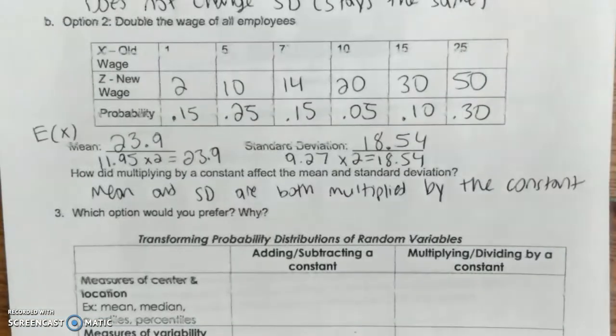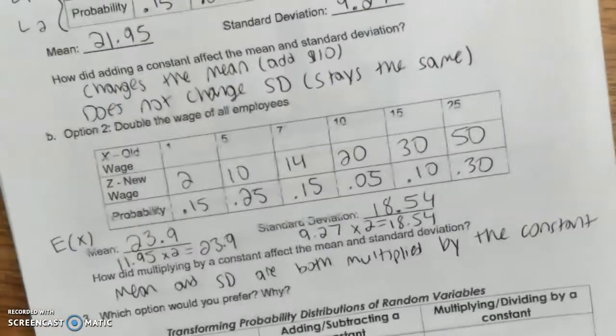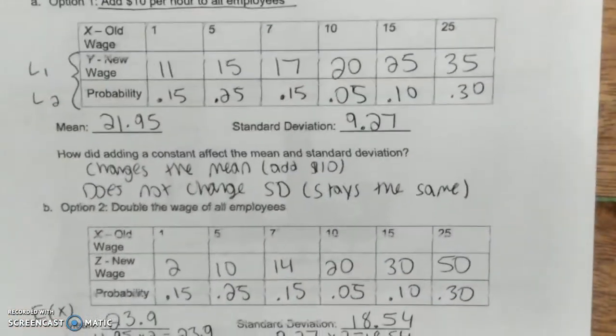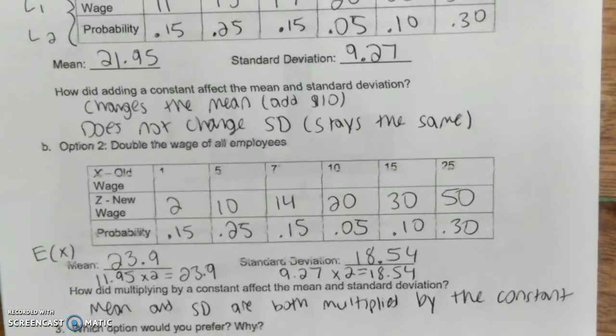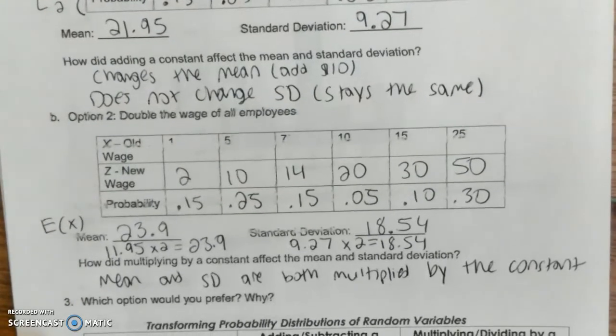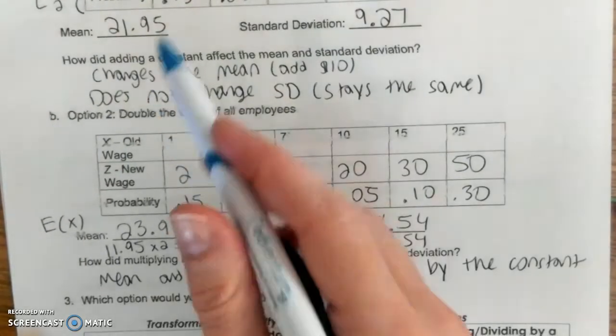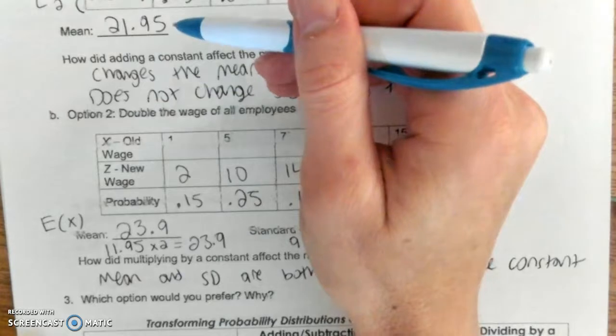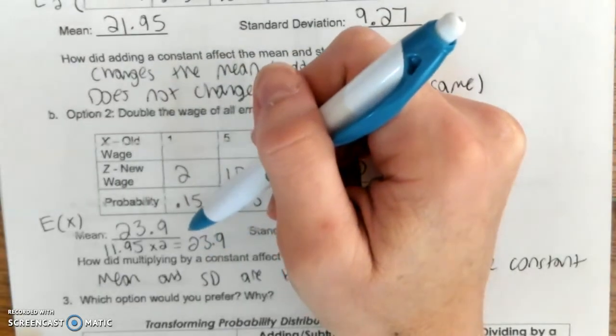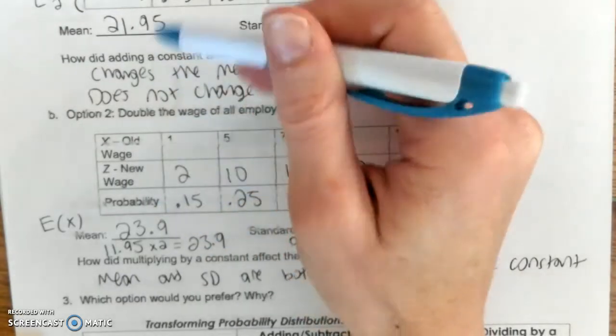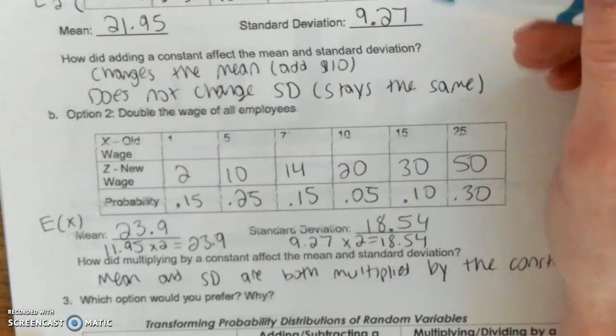All right. Now here's a question for you. Which option would you prefer? Would you prefer for me to add $10 to everybody's wage or double the amount of everybody's wage? Well, let's see. You could look to the expected value, right? So your expected value here is $21, and your expected value down here with the doubling is 23.9. But also look how spread out the data is.